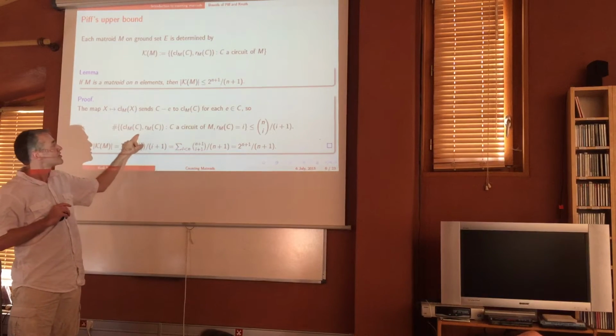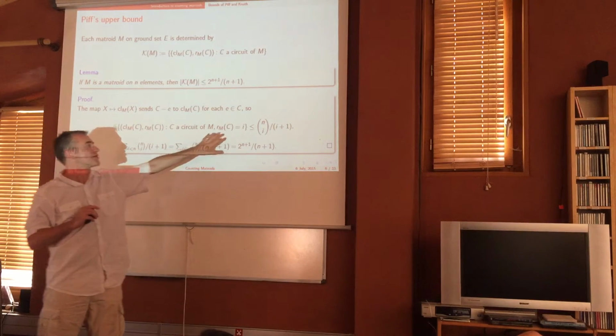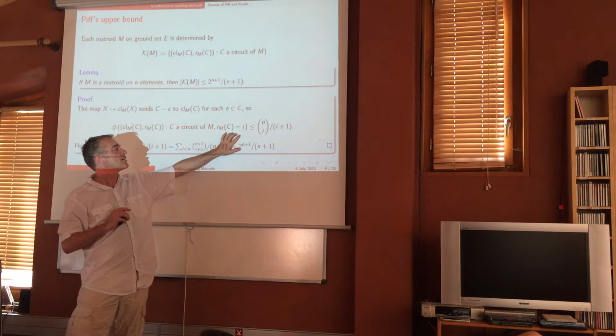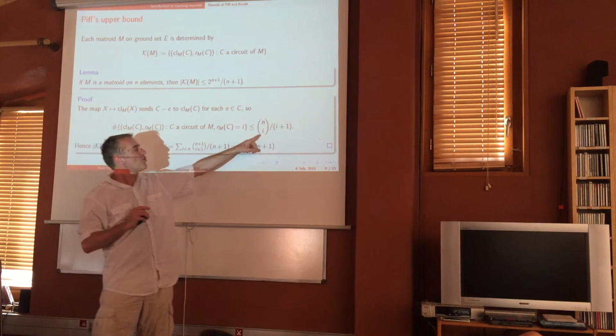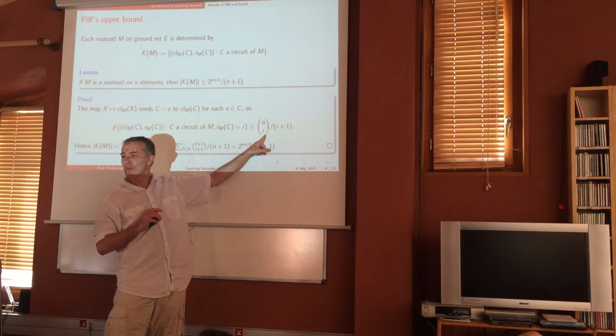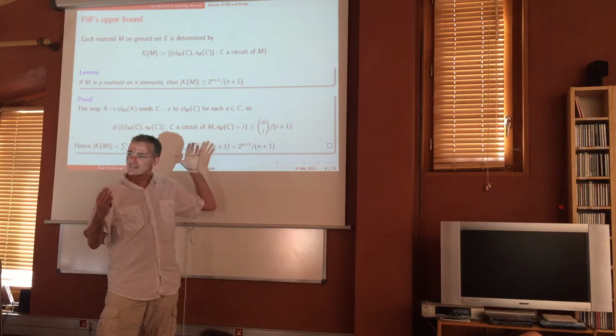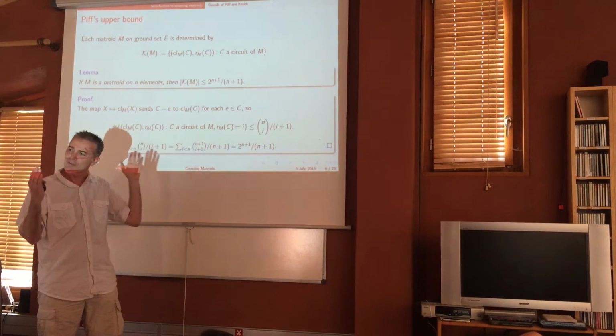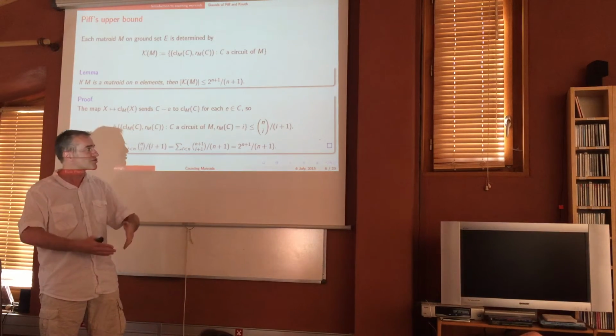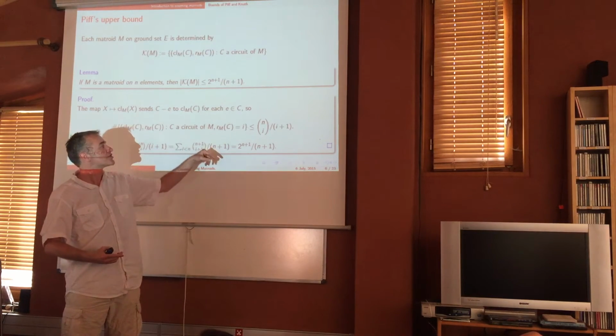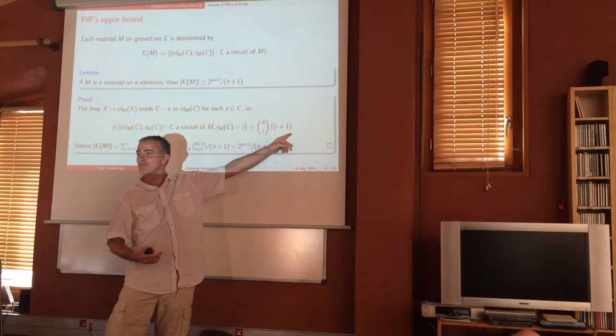And now if I consider the circuits of a certain size, or a certain rank i, then all the i sets from n, if I take all the images, I'm going to see all the circuits, and in fact I'm going to see the closure of circuits i plus 1 times.